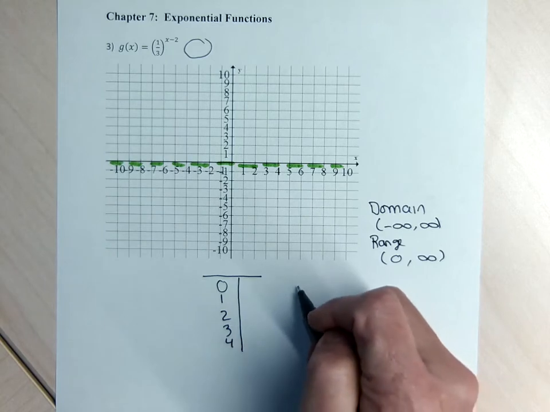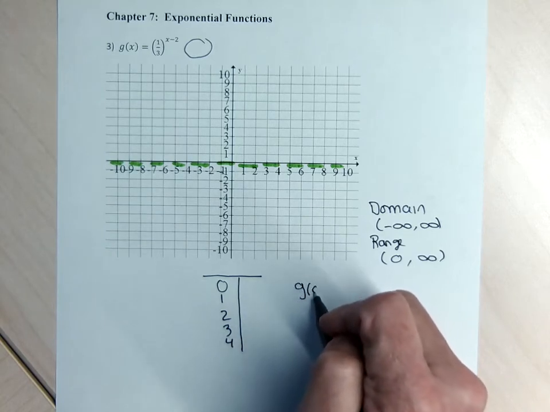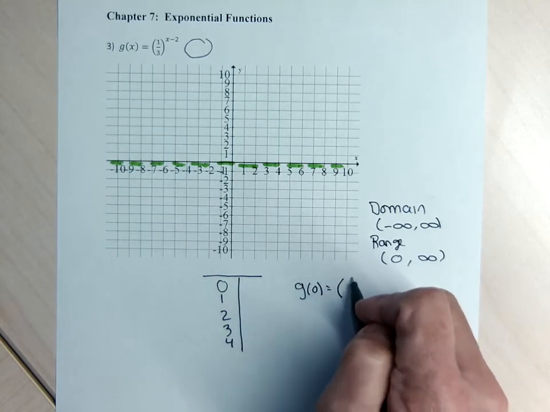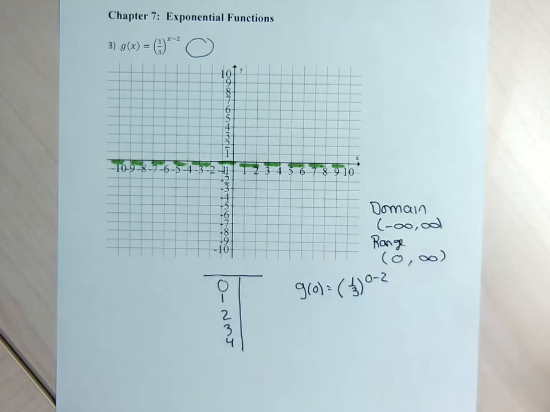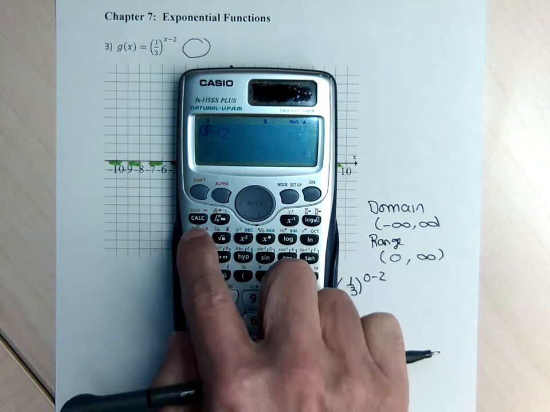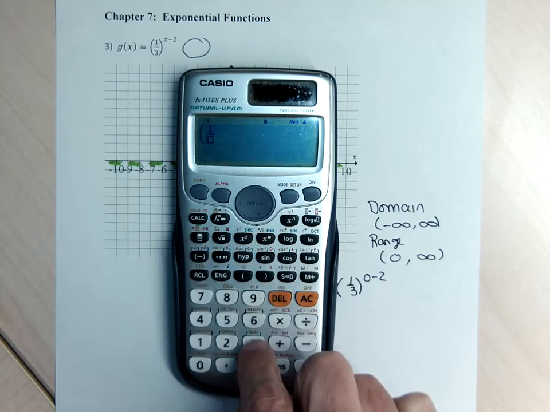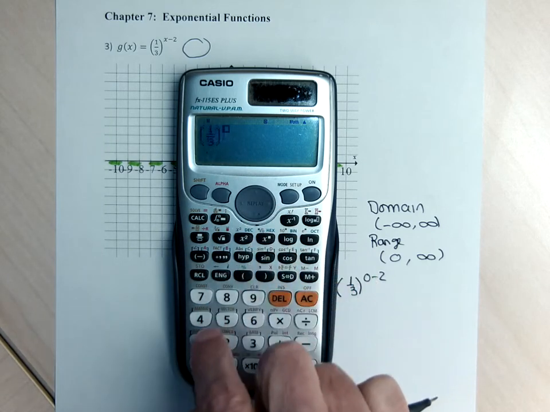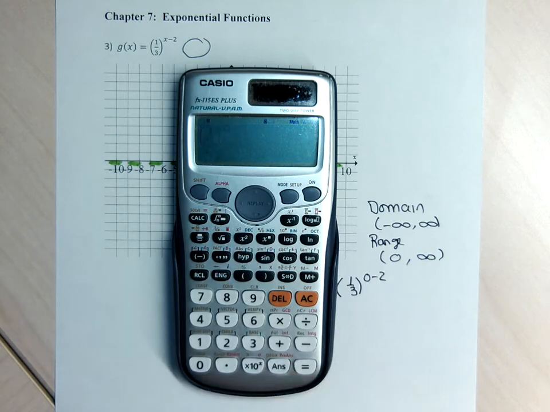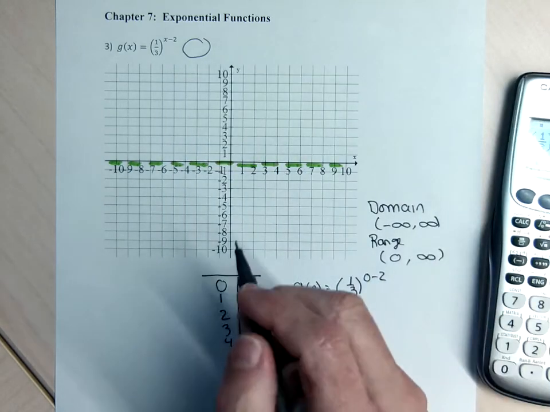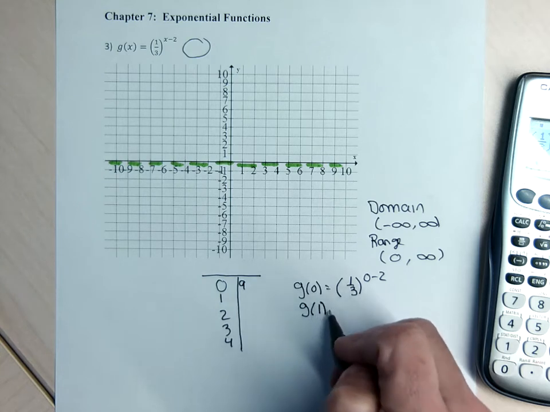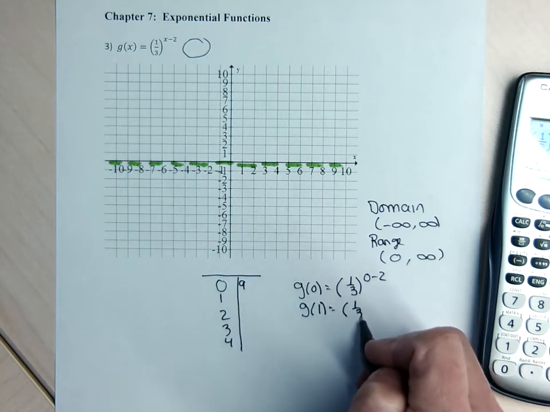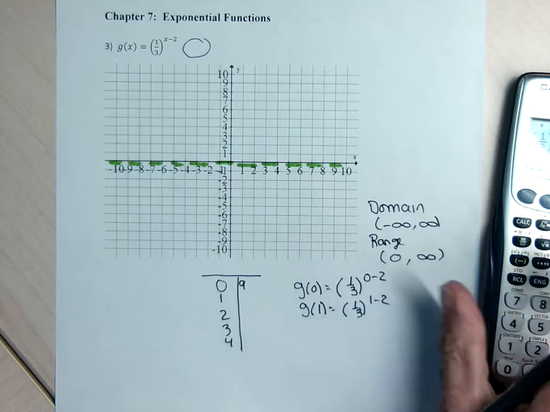So for my first point, I'm going to do g of 0, which is going to be 1/3 to the 0 minus 2 power, parentheses fraction 1 over 3, parentheses exponent 0 minus 2. That gives me 9. Then I'm going to do g of 1 is 1/3 to the 1 minus 2 power.